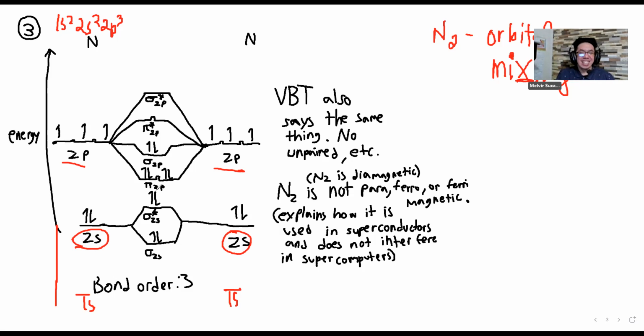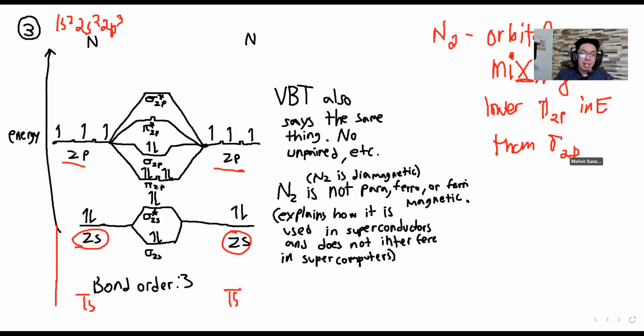Due to orbital mixing, you'll have a lower pi 2p in energy than sigma 2p.